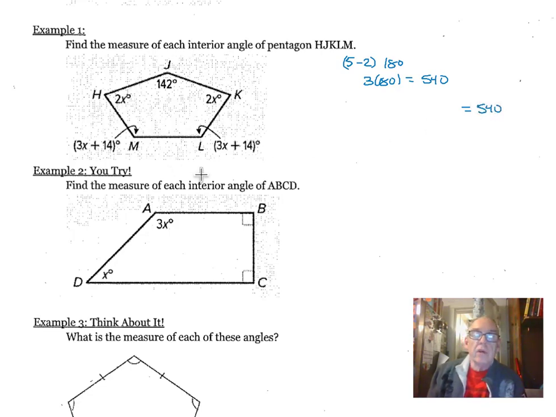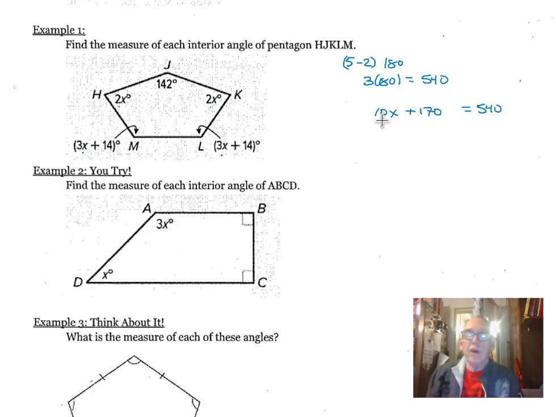And we have, if we group like terms, for the x's, 2x and 2x is 4x, 7x, 10x, and then looking at the numbers, we have 142 and 14. That gives us 156, and another 14, 170. So 10x plus 170 makes 540.